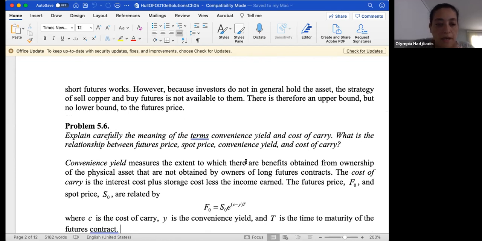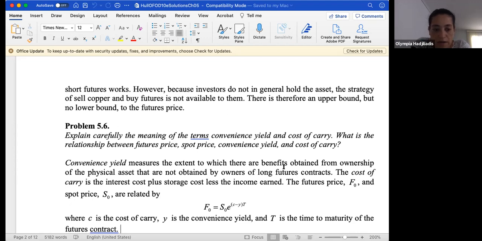Okay, the next question is asking to explain carefully the meaning of the terms convenience yield and cost of carry. What is the relationship between futures price, spot price, convenience yield, and cost of carry? So the convenience yield measures the extent to which there are benefits obtained from ownership of the physical asset that are not obtained by owners of long futures contracts.